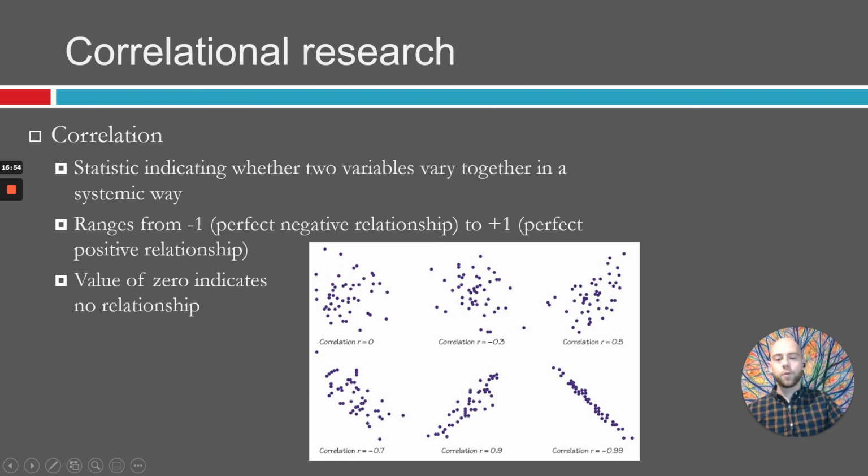If you plot these variables on a classic X and Y axis here, a correlation of 0 looks something like this at the top left, just a cloud of data. If you get to a correlation of -0.3, you start to see there's something of a negative line you could draw in this data. At 0.5, there is a stronger relationship, you can tell.